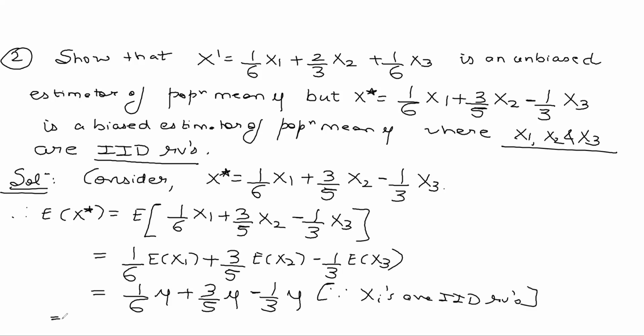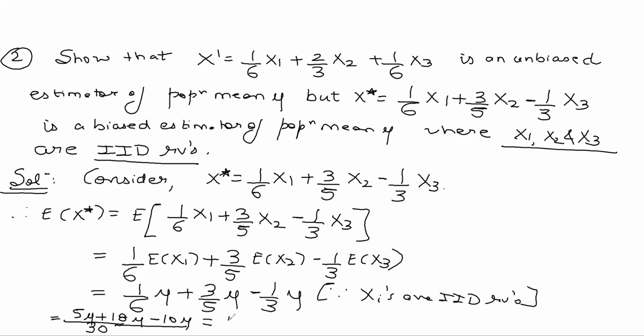Now if I find this out, I can take 30 as the LCM. So 5 mu, 18 mu and minus 10 mu. So you can see it comes out to be 18 plus 5, which is 23 minus 10.